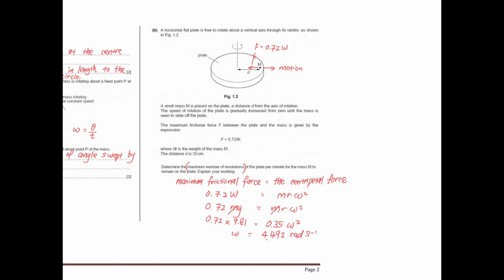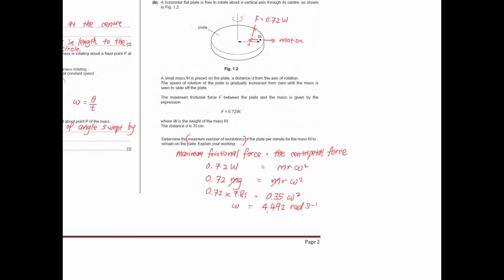But we are not looking for omega. Omega is angular velocity. We are looking for number of revolutions per minute. So this omega gives us one information: in 1 second, the object makes 4.492 radian.